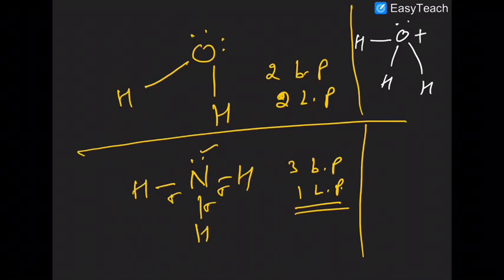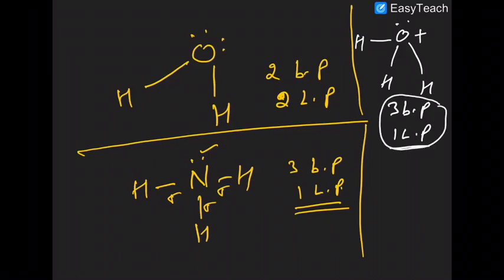It is a hydronium ion. The ion is called what? Hydronium ion. Hydronium ion has the same picture as what? Ammonia. Look at that. It has three bond pairs and one lone pair. Three bond pairs, one lone pair, three bond pairs, one lone pair.